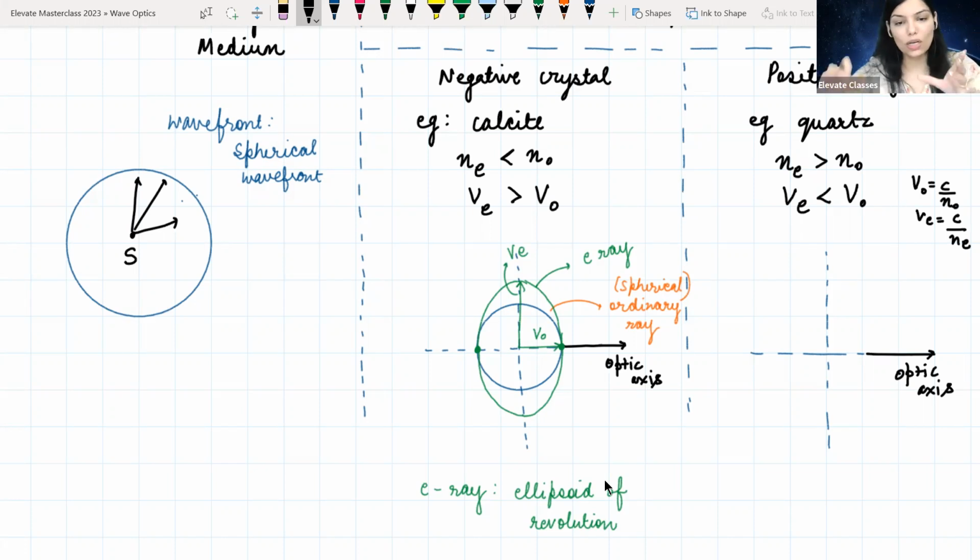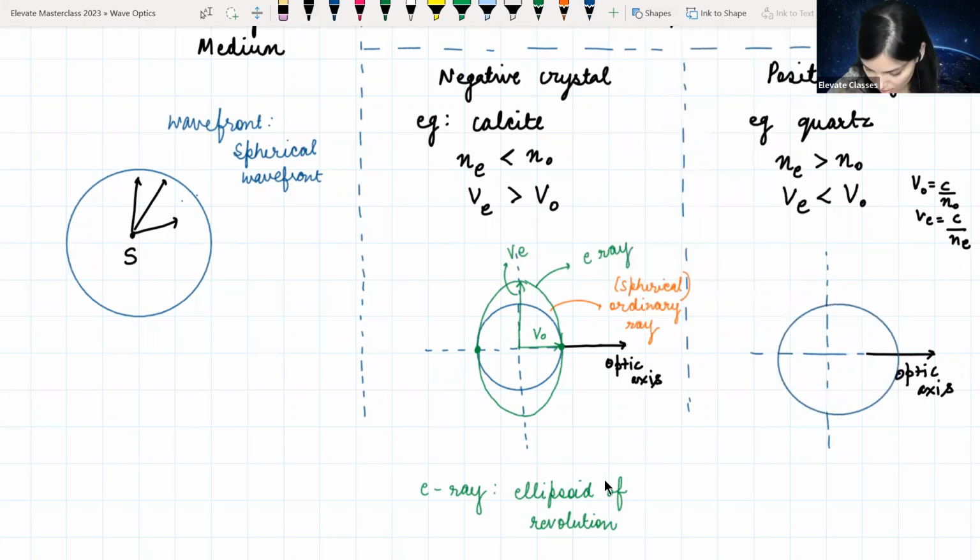Okay, so now what will happen, this ellipse will sort of rotate and it will come inside, because now this ellipse will become smaller. So now what will I get, for the ordinary ray I'll get a wavefront similar to before, some kind of a circle.